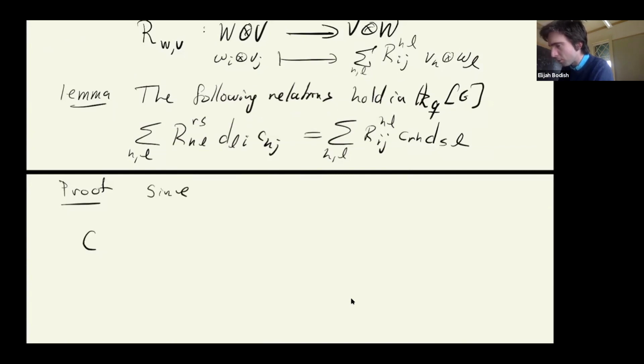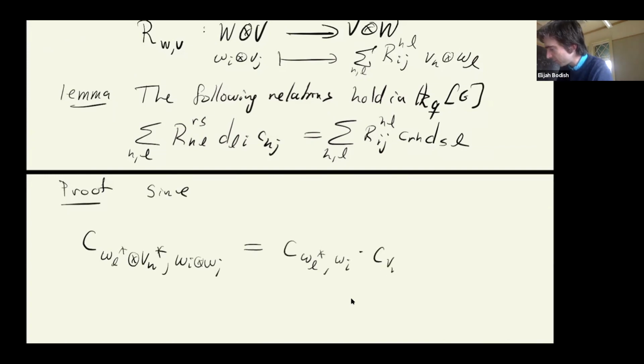something that I wrote before, which is if I have W_L star tensor V_H star, W_I tensor W_J, this is equal to C W_L star W_I times C V_H. Something wrong with indices on the left-hand side. Yeah, sorry.